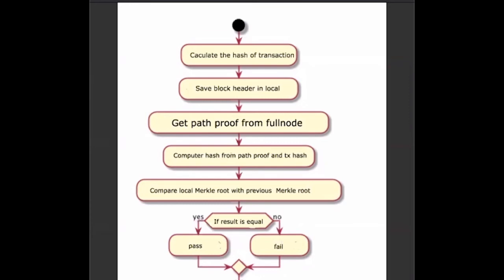What about the transaction that is not solidified? You mean the verification process? Yes, how to verify a transaction that is not solidified? Basically, first you can grab the Merkle path and the block height from a full node by using the transaction ID. Then, after you get the Merkle path and the block height, you're able to find the block header and, of course, the Merkle root.